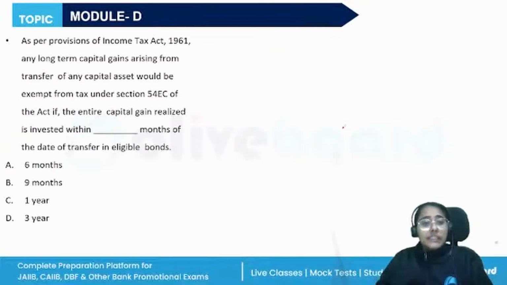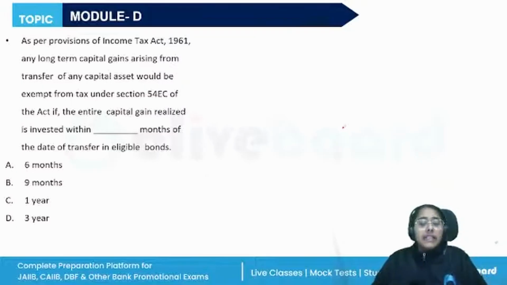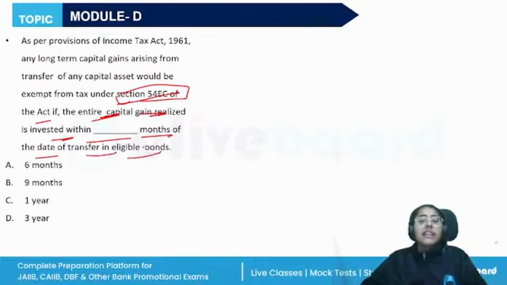Next, as per provisions of Income Tax Act 1961, any long-term capital gains arising from transfer of any capital asset would be exempt from tax under section 54 EC of the act if the entire capital gain realized is invested within dash months of the date of transfer in eligible bonds.